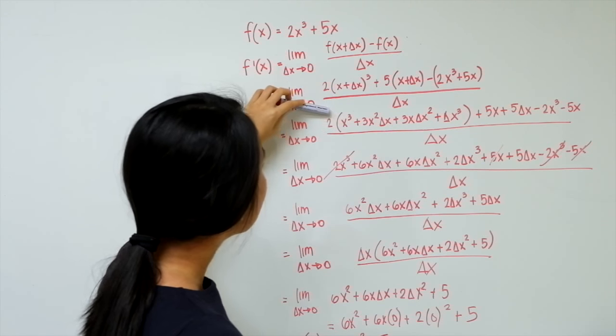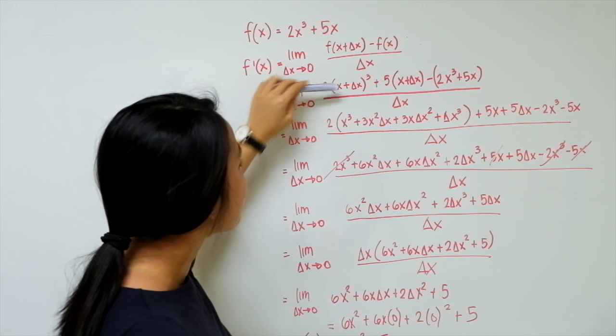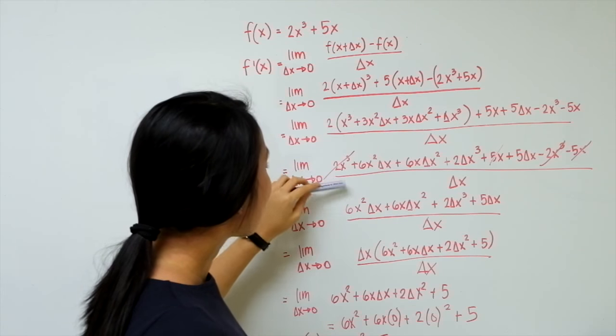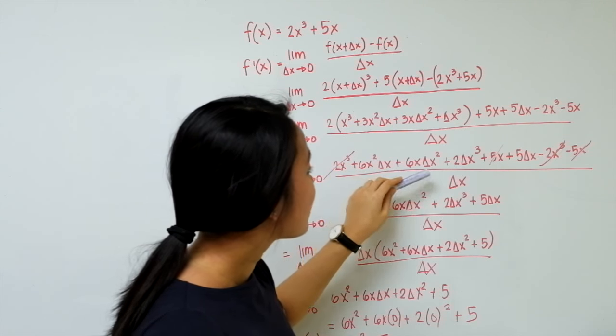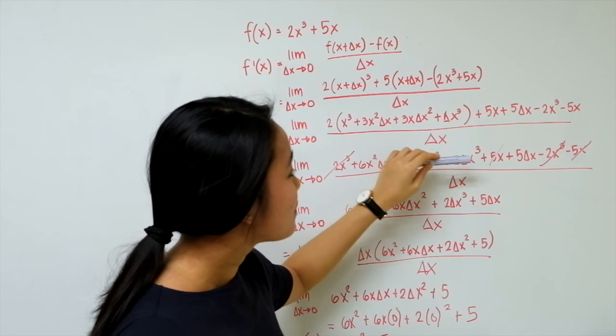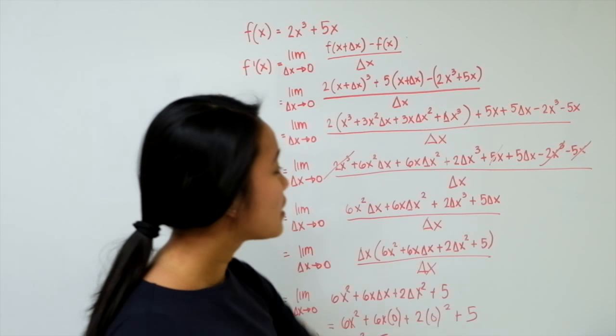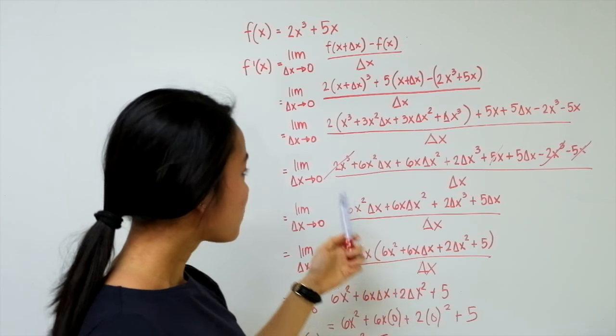And then from here, you can distribute the 2 to the parentheses. So it becomes 2x cubed plus 6x squared delta x plus 6x delta x squared plus 2 delta x cubed plus 5x plus 5 delta x minus 2x cubed minus 5x all over delta x.